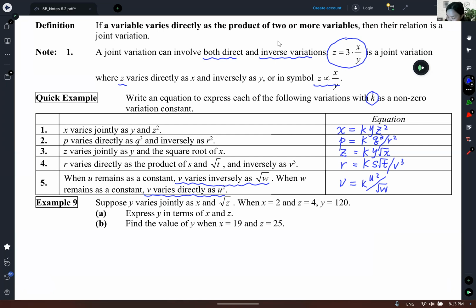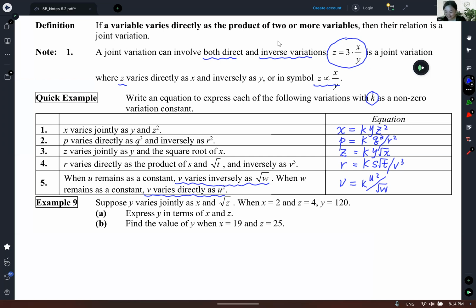So if you take U out of the equation, if U remains a constant, then when you look at the equation, it means that V varies inversely as the square root of W. And if you take W out of the equation, then you can see that V varies directly as U squared.